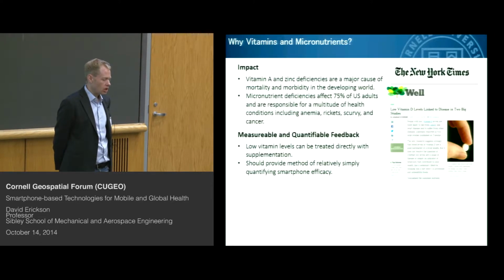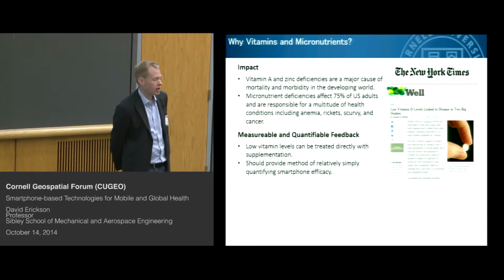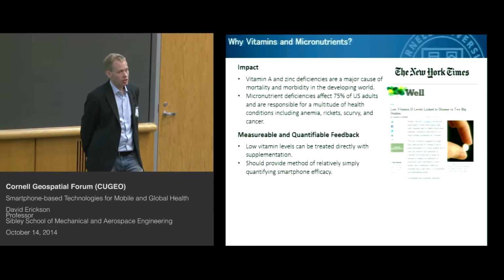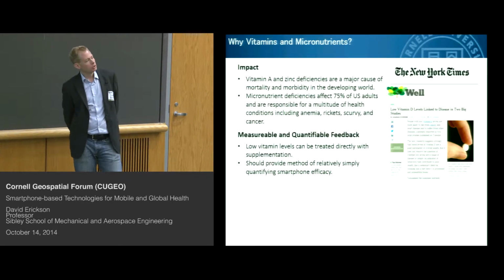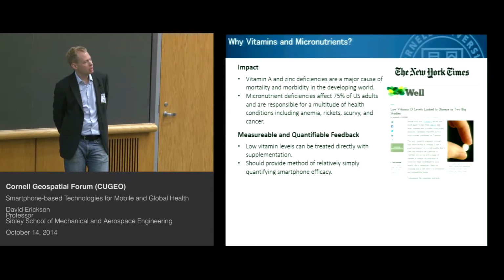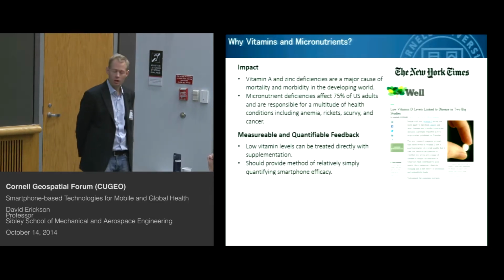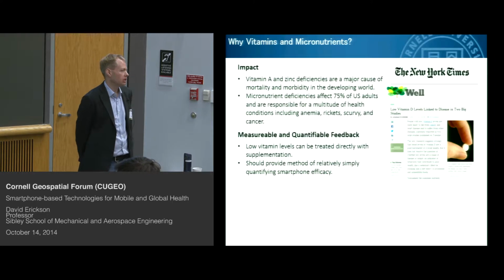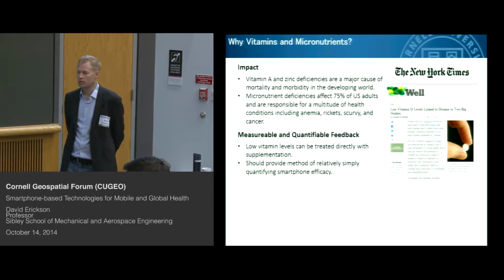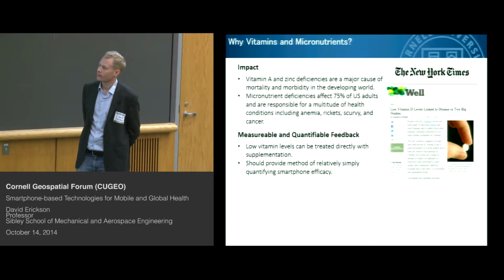Not only do we need to develop the technology, we need to show efficacy. For micronutrients it should be a little bit easier to show efficacy, in the sense that we can assign a pretty easy therapeutic, for example, if you're vitamin D deficient. Being able to show that, given access to this type of information, we can make an impact on an easy measurement like that is the type of thing we want to be able to do.